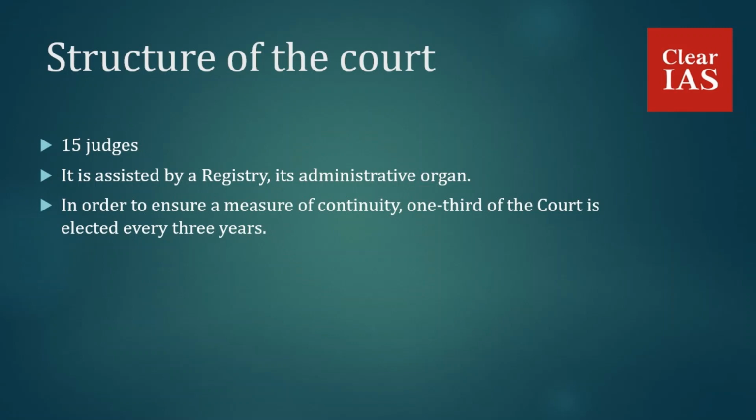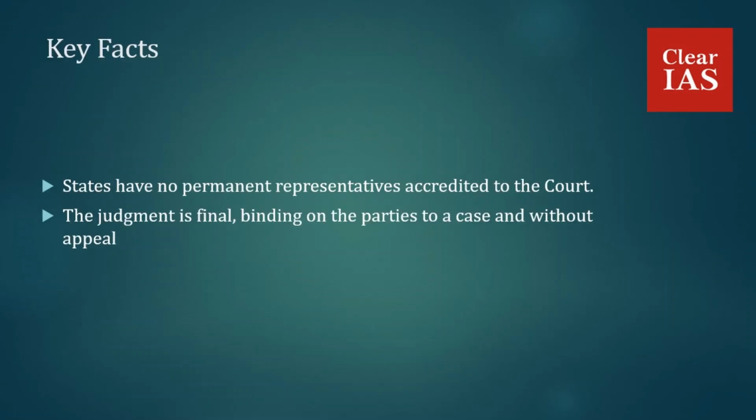Now we'll discuss some key facts. Only states which are members of the United Nations and which have become parties to the Statute of the Court, or which have accepted its jurisdiction under certain conditions, are parties to contentious cases. States have no permanent representatives accredited to the court.